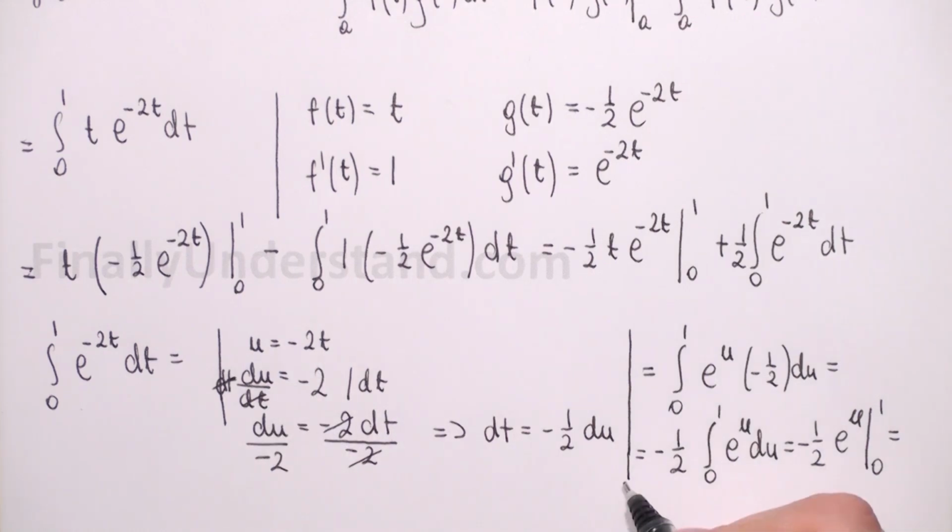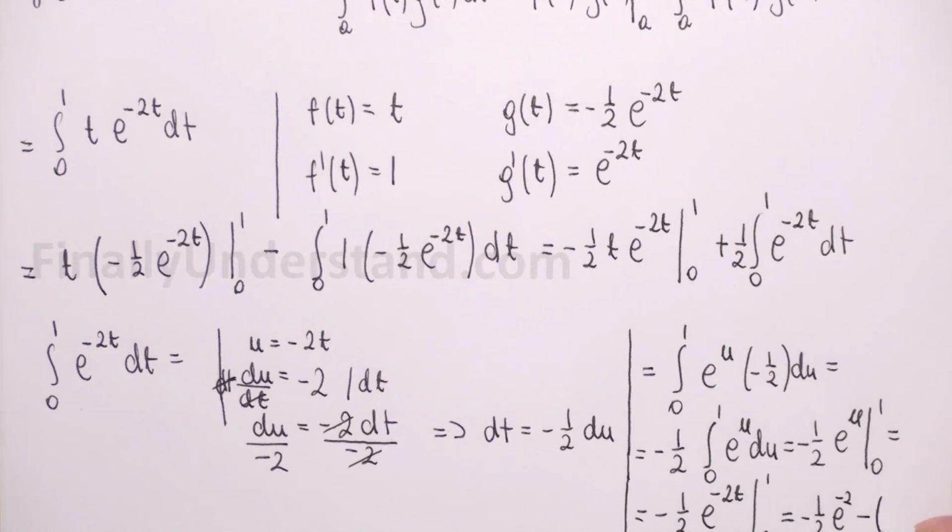And now because I didn't change limits when I did the u substitution, I have to come back to t's. So this is equal. We have negative 1/2 e to power negative 2t, and we have limits from 0 to 1, of course. Now we have to first plug in the upper limit. We will have negative 1/2 times e to power negative 2 times 1, which is negative 2. And we have to subtract the lower limit.